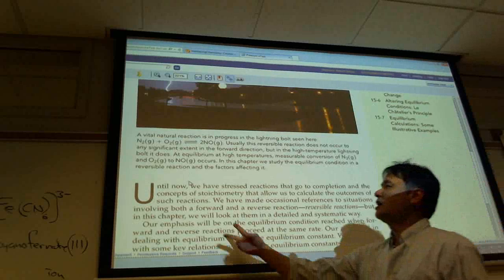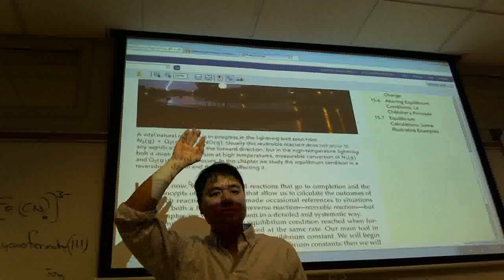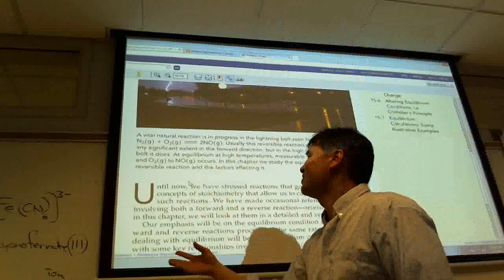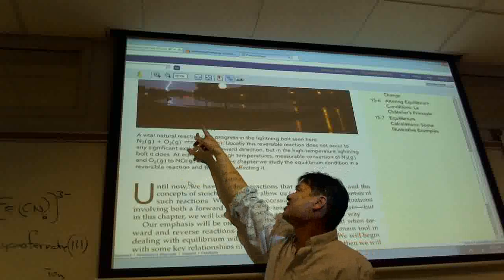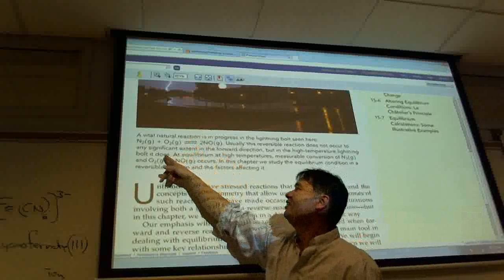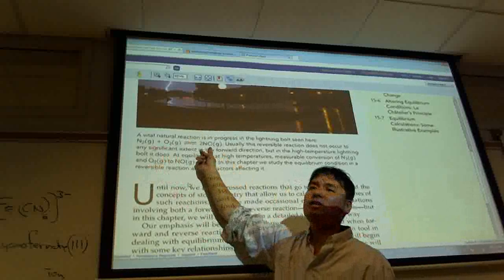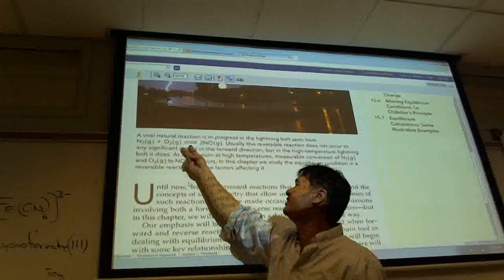So nitrogen and oxygen is a very stable mixture, right? Quite a stable mixture, and so you don't expect much reaction. This forward reaction is very unfavorable. But under the right conditions, like a lightning strike, under high temperatures and also high pressures, you can form oxides of nitrogen, like NO. NO is not that stable, so it'll decompose.